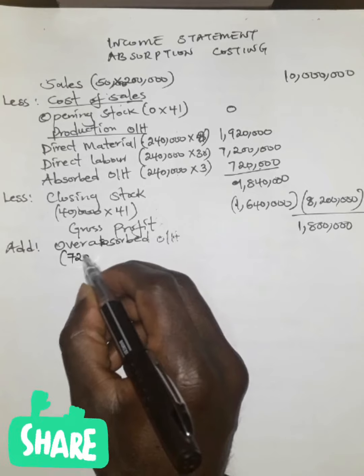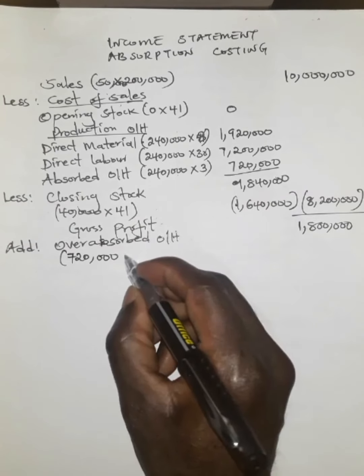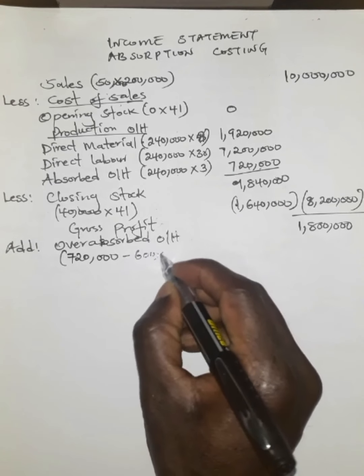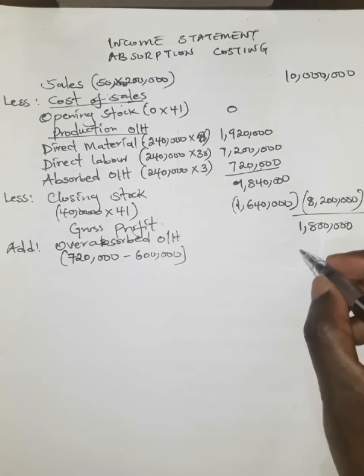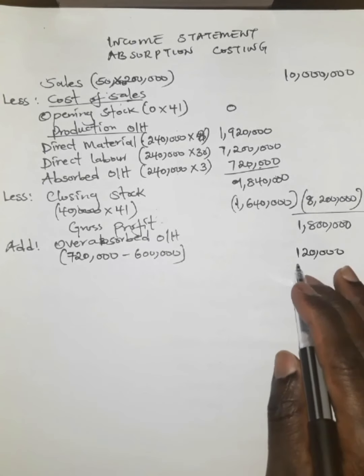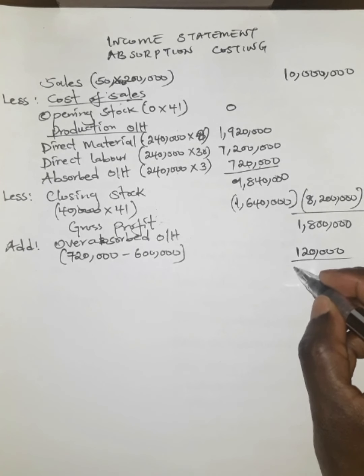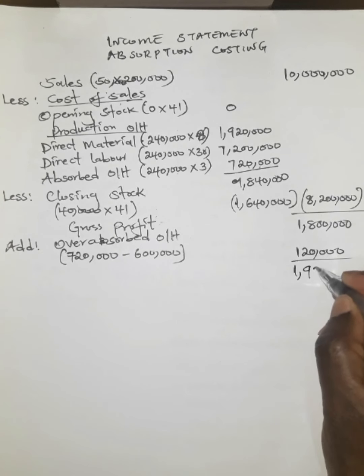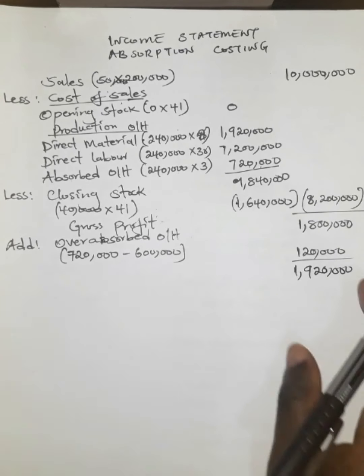The overhead that was actually absorbed, 720,000, minus what was budgeted for the month, which gives a value of 120,000. When you add these two, you're supposed to get an amount of 1,920,000. And then we proceed using the formula.